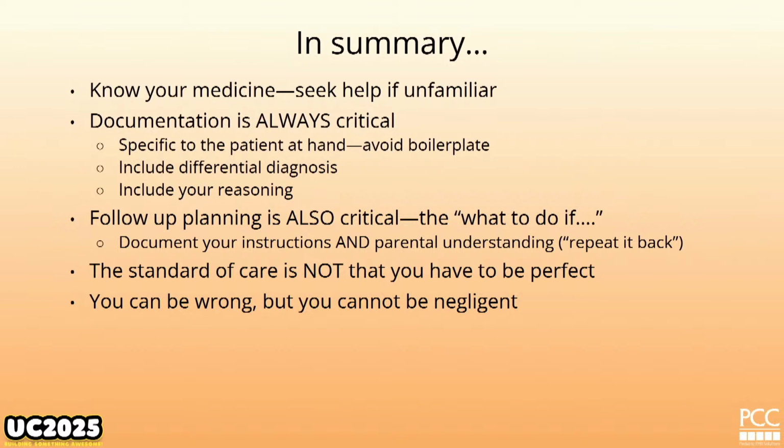Your documentation is always critical, and that case did not even include a differential that included a tendon injury. Had there been discussion of a possible tendon injury and either documentation that the child was moving the finger or that hand surgery was consulted for an evaluation, the outcome likely would have been different. So include your differential diagnosis, and very importantly, include your reasoning as to why you are ruling in or ruling out the items in your differential.